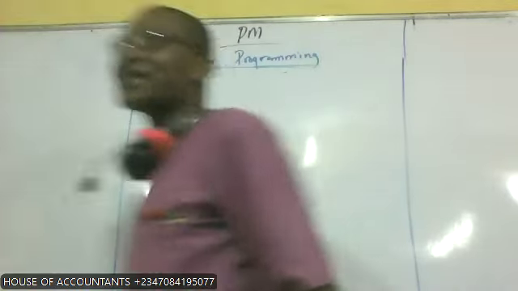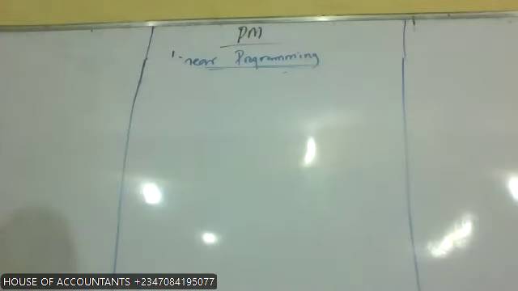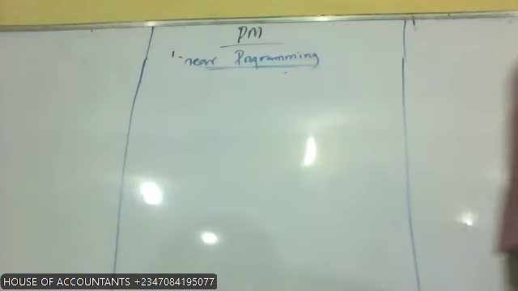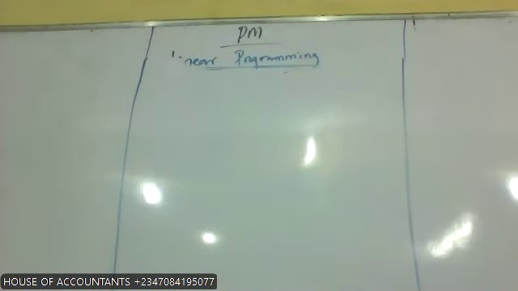What we are saying is that if a constraint is 6,000, or 4,000, and it is changed by just one extra unit, what would be the effect? You understand now? That's the meaning of shadow price.